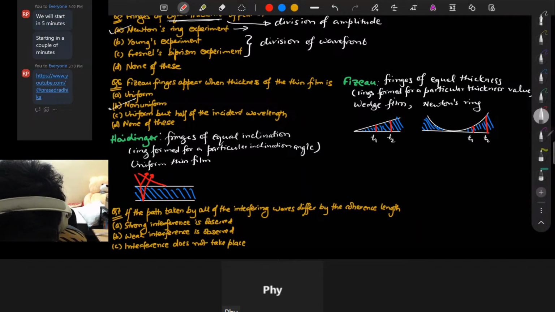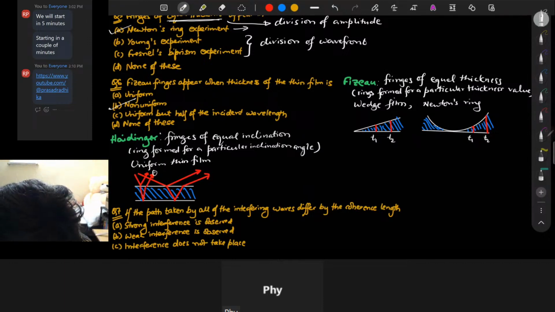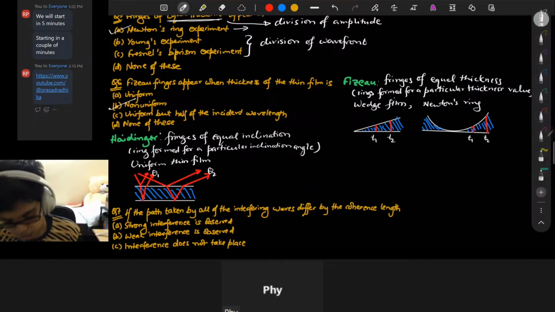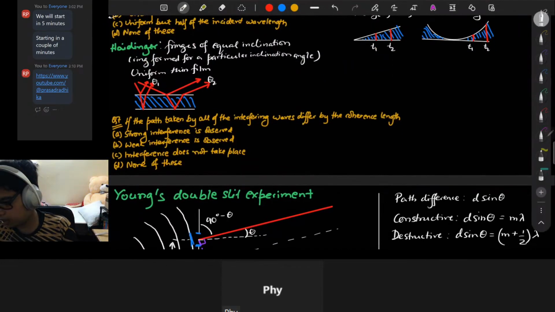So let's say for this angle, that's how the ray will go. Then it gets transmitted like this and like this. So this is theta 1, this is theta 2. For each of these inclination angles, you will see basically different fringes based on the conditions. Okay, so let us move ahead.